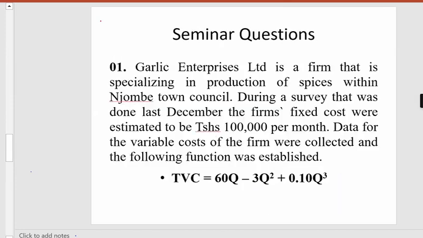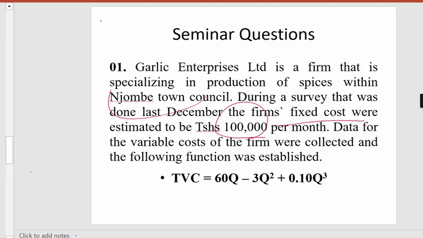And these are some seminar questions, the same questions. For example, this kind of enterprise is limited, a firm that is specializing. You do it by yourself, and this can be individual work. It says this enterprise is located in Njombe, and fixed costs were 100,000 per month.